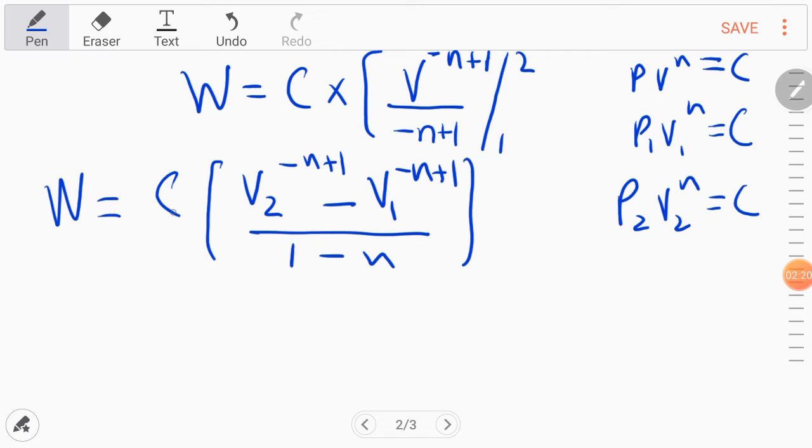Now when we multiply C with V2, we open the formula P2 V2 power n. To make it simpler, we can apply all the limits over here. We know that V2 is 0.2, V1 is 0.1, n is 1.5, and we can apply 1.5 and the V2 and V1 values and solve this numerical easily.